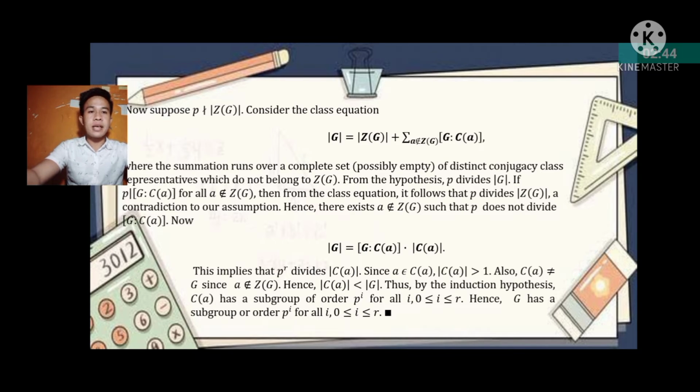Hence, there exists a not belonging to the center of the group G such that p does not divide the index of the centralizer of a in G.